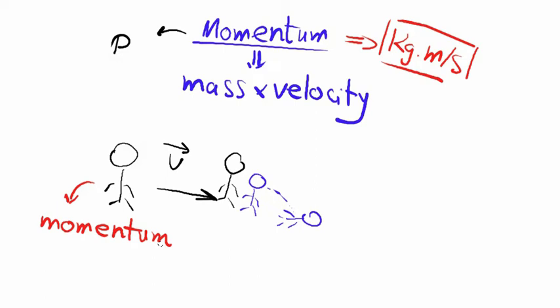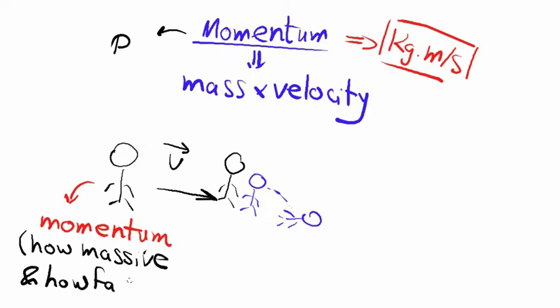Someone listening to this story would logically assume that either your friend was moving with a really high speed, or that your friend is a bulky, massive guy. So momentum describes a combination of how massive and how fast an object moves.